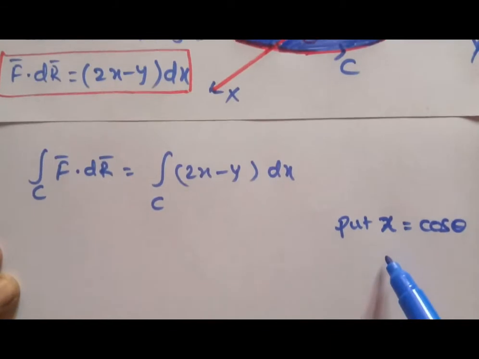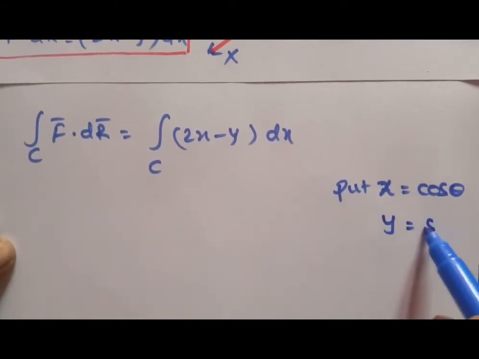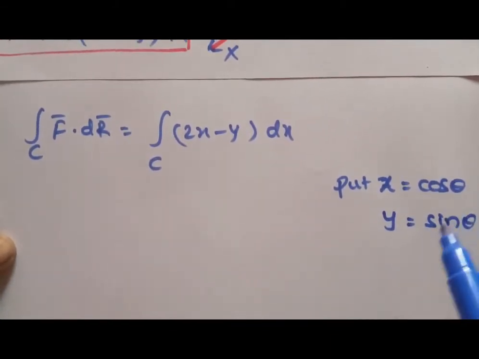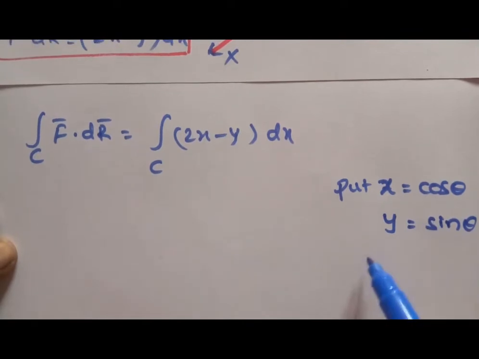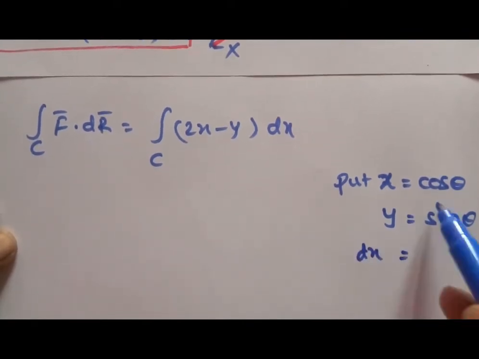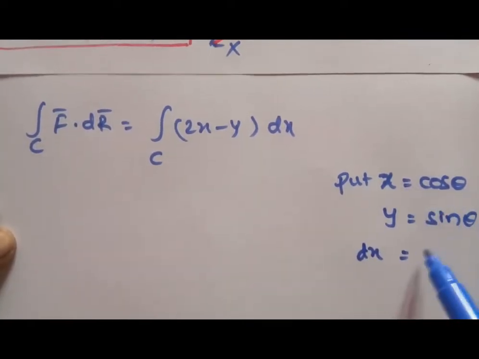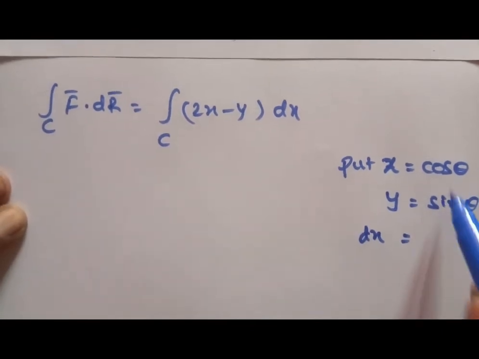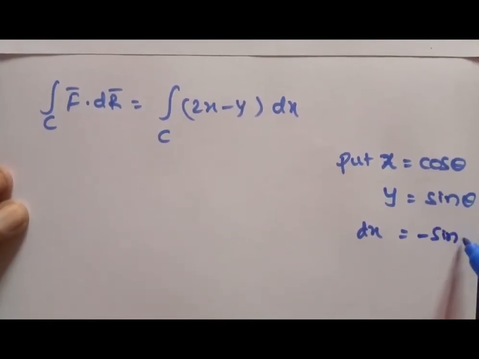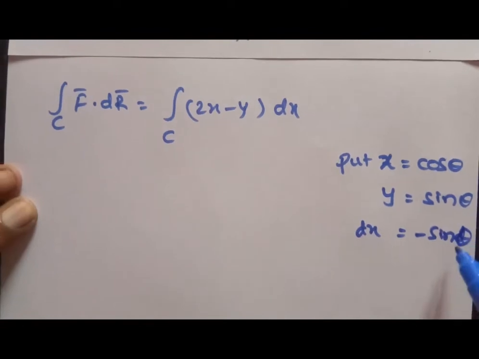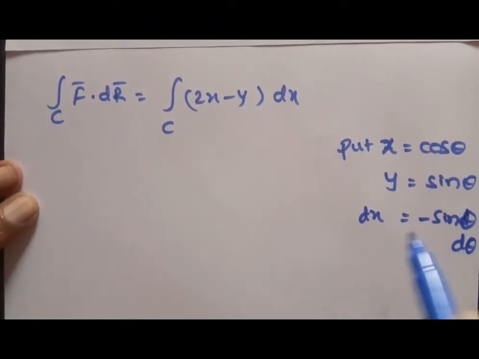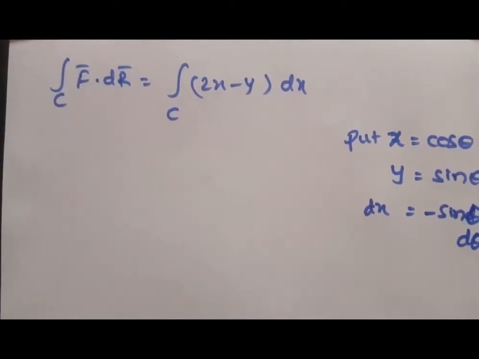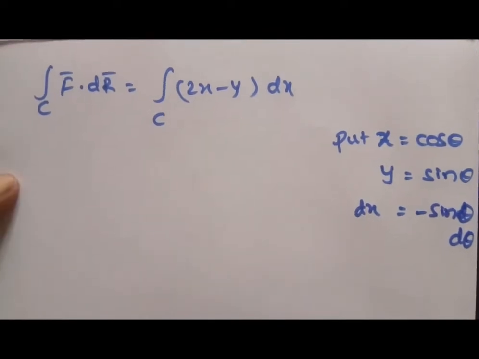Therefore y is equal to r sin theta, that is 1 sin theta. Therefore dx, differentiating on both sides, the derivative of cos theta is minus sin theta d theta. Therefore dx is equal to minus sin theta d theta.